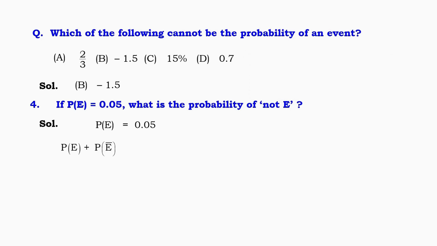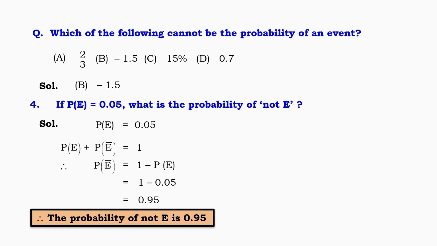So probability of E plus probability of not E, where we put a bar on top of E, is equal to 1. So probability of not E is equal to 1 minus probability of E. That is 1 minus 0.05, which is 0.95. So the probability of not E is 0.95.